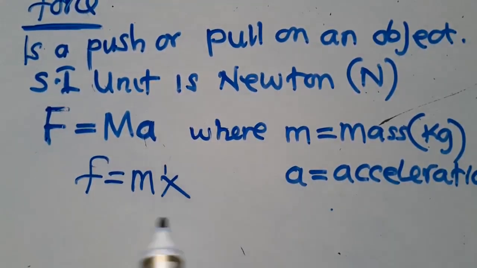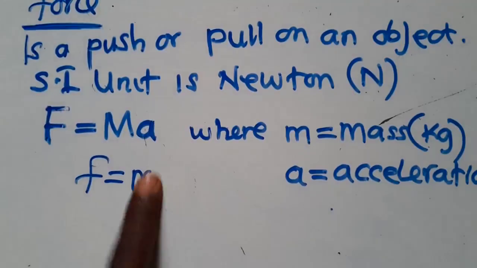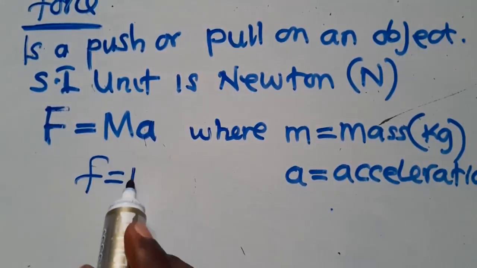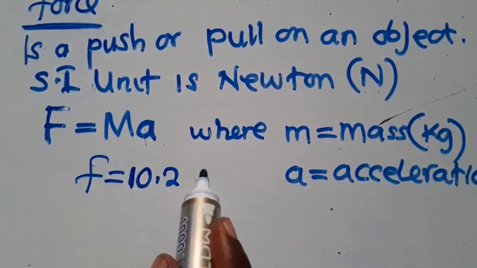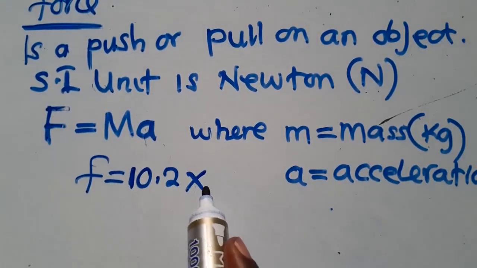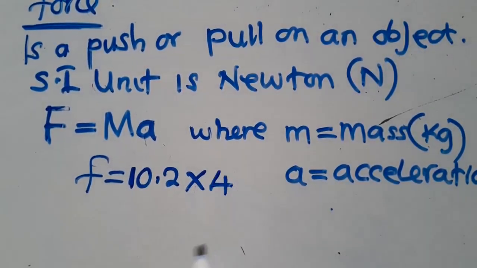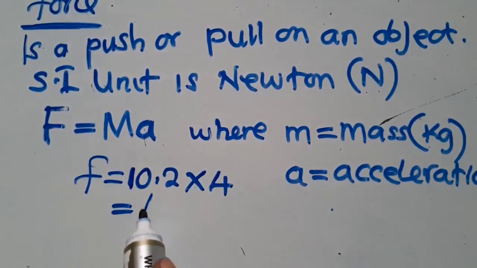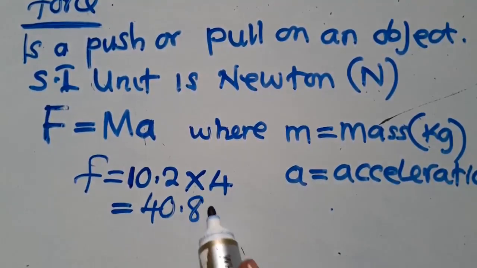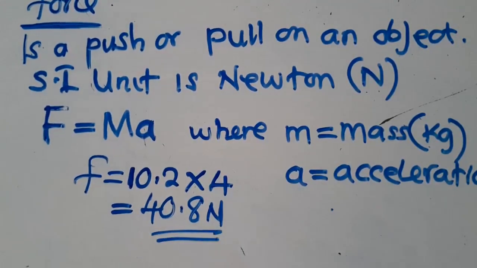In the example we did, the mass is given as 10.2, times the acceleration we found, which was 4. So 10.2 times 4 is 40.8. You just say newtons.